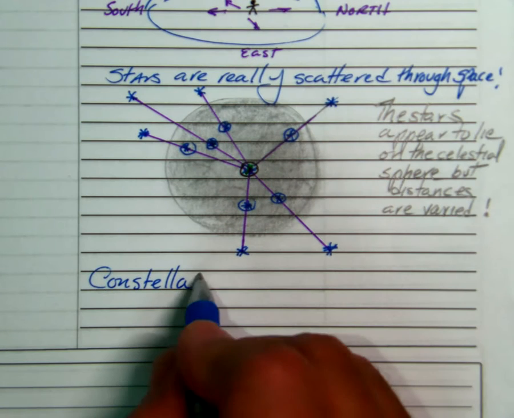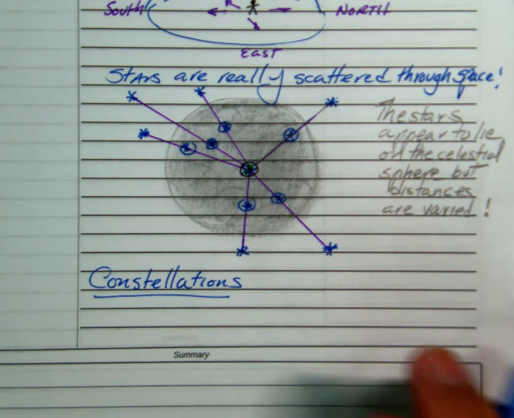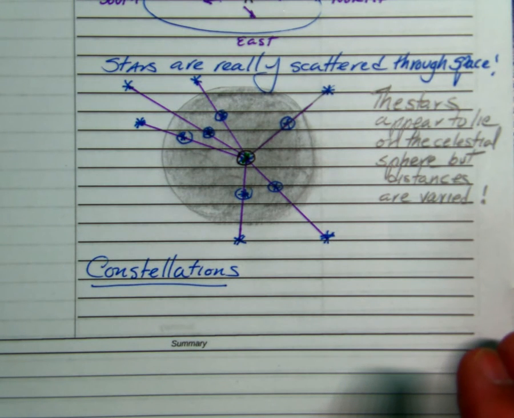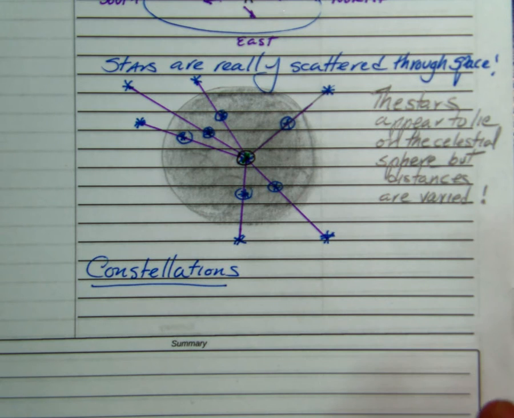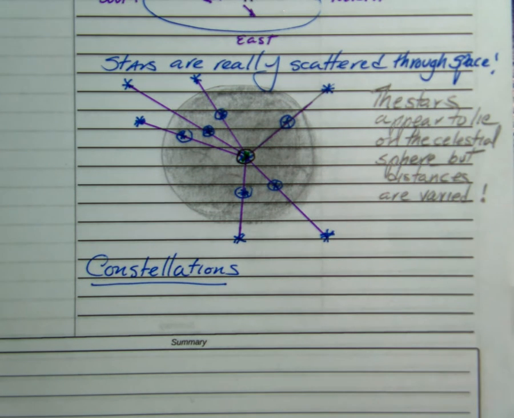Constellations. Okay, constellations are just basically the pattern of stars in the sky that we give names to. They've been assigned names throughout history, so it's nothing new. Just like the night sky affords us a link to our past and our history, constellations are a pattern of stars in the sky and names assigned to it.